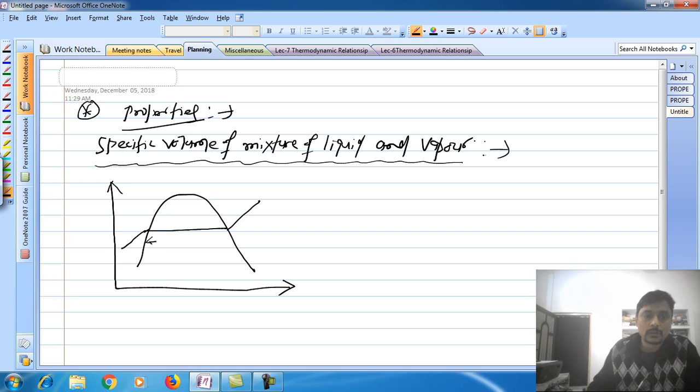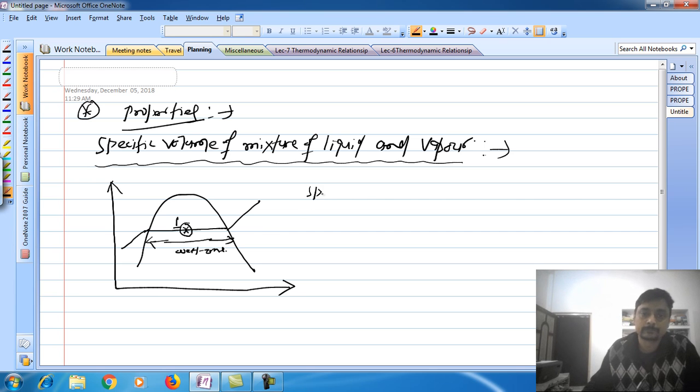This is the wet zone, okay? In this zone, let us suppose this is point 1. I want to find the specific volume of the mixture at point 1.